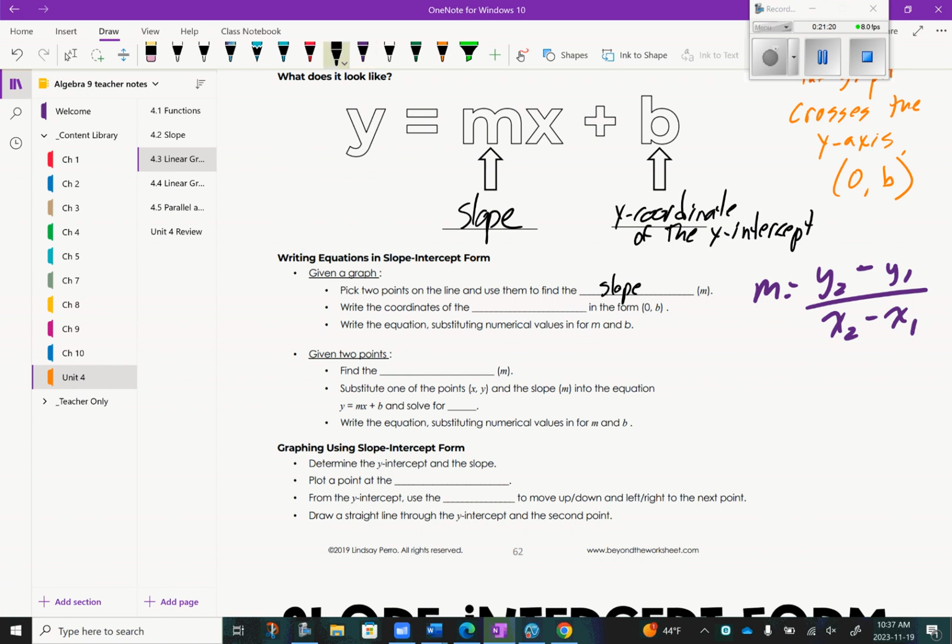That should look familiar from last time. And then we need to find the coordinates of the y-intercept. Again, if they're giving you the graph, we should be able to figure out where that line crosses the y-axis. And it's always going to have coordinates 0 something. That something is our value there for b.